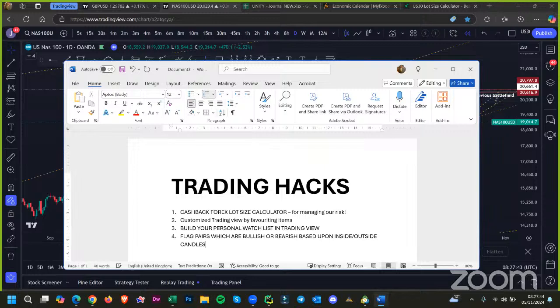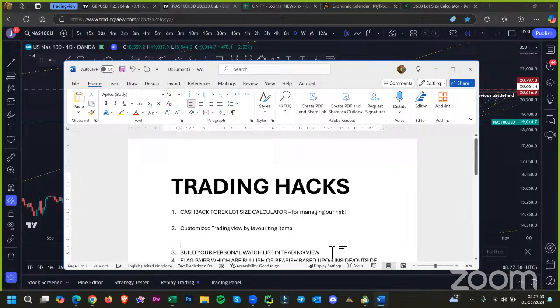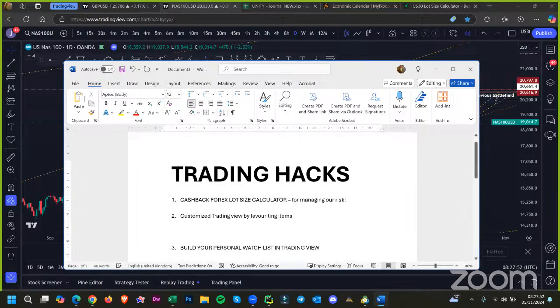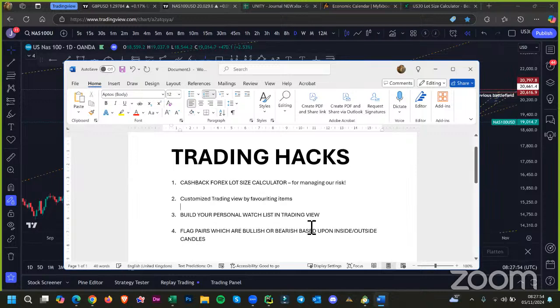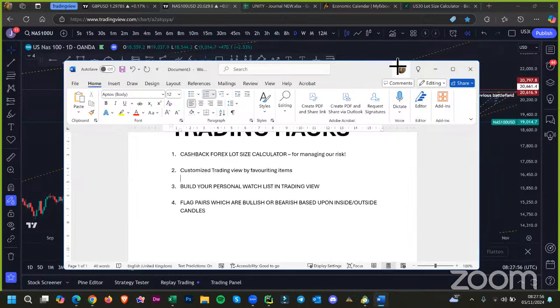I will rewrite this better because writing it all in capitals looks mad, I know, but that's what it is. All right, flag them. Also keep it basic, draw your trend lines.